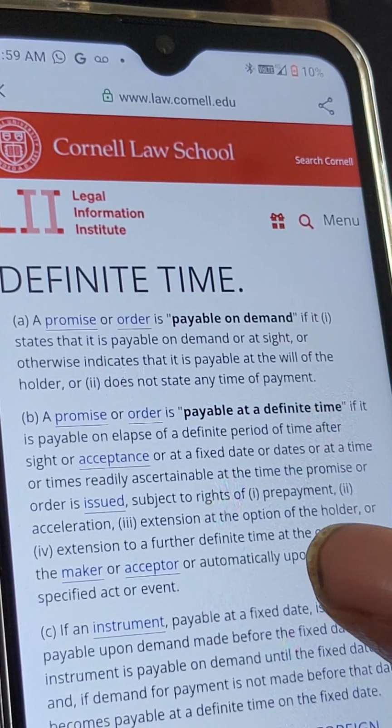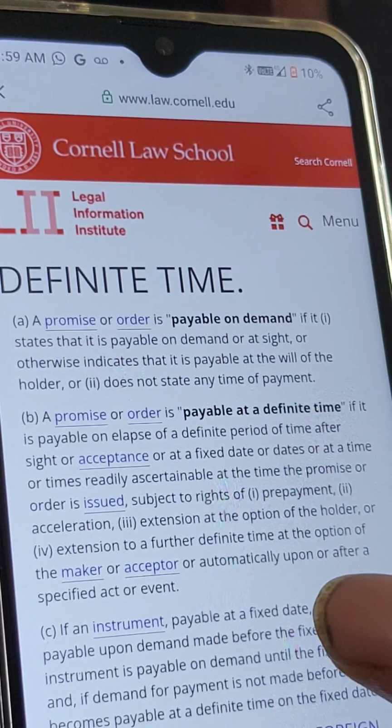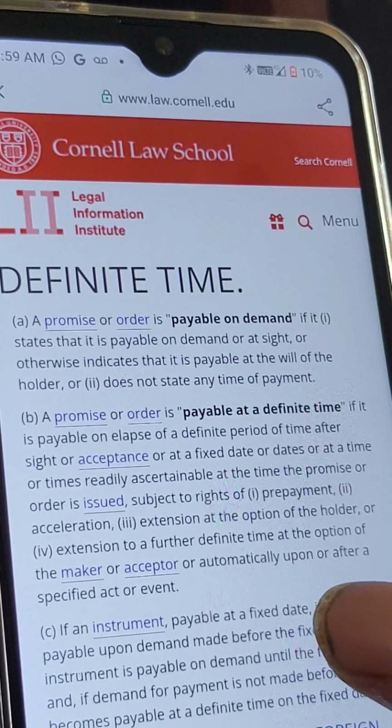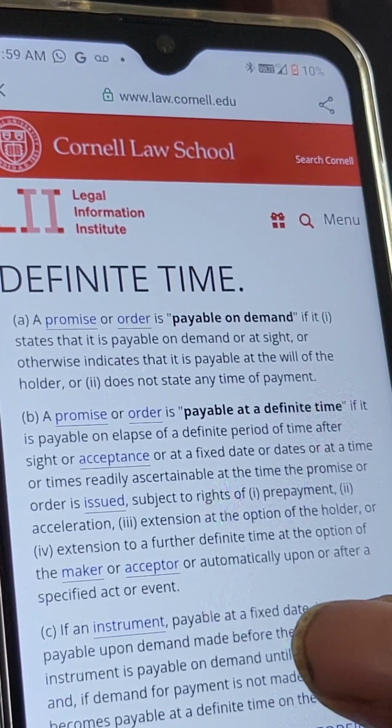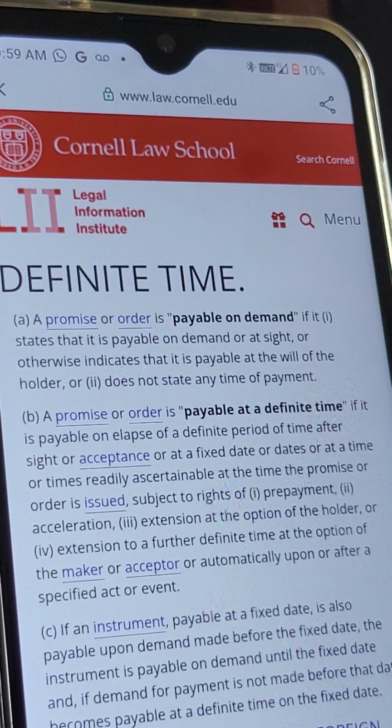A promise or order is payable on demand if it states that it is payable on demand or at sight, payable at sight, or otherwise indicates that it is payable at the will of the holder, or does not state any time of payment.